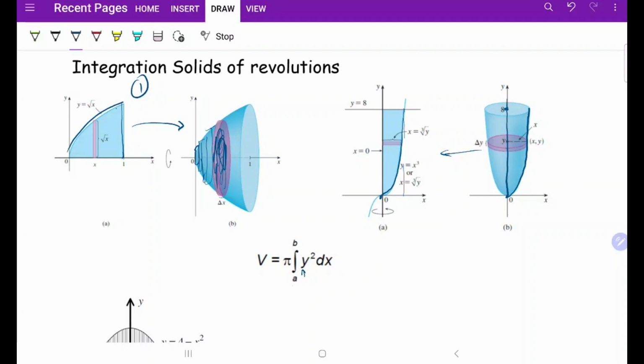We just need to square the function and then integrate that. So pi, the definite integral of the square of that function, and that's how you find the volume. Nothing complicated around that. There could be complicated types of examples, but that will depend on how you calculate your function, and those we will do when I tackle questions of this type in past papers.